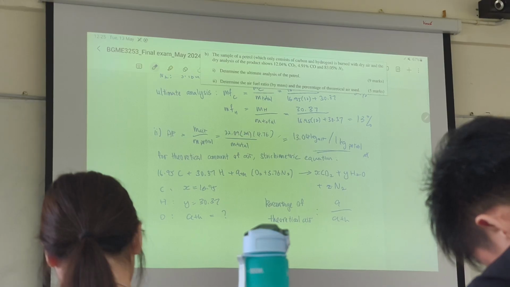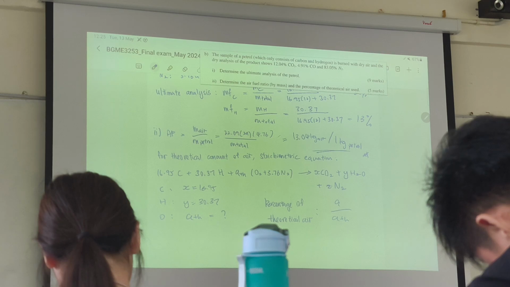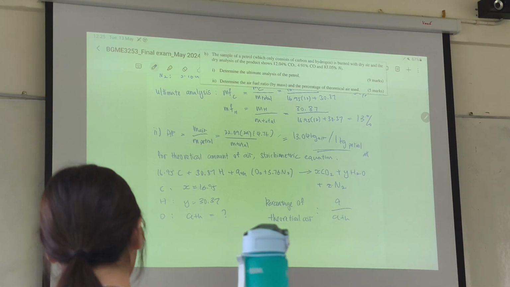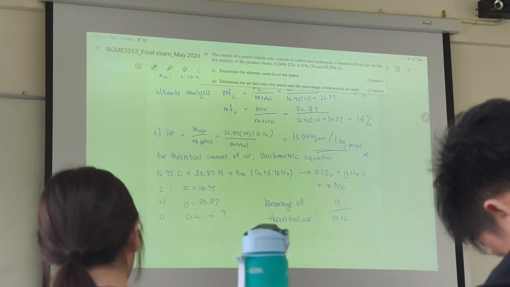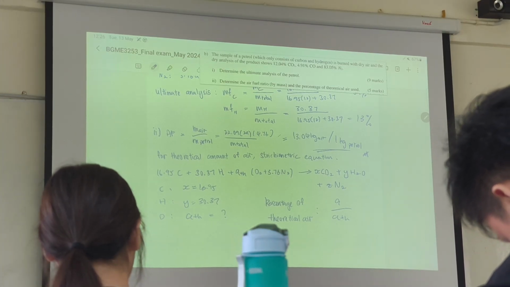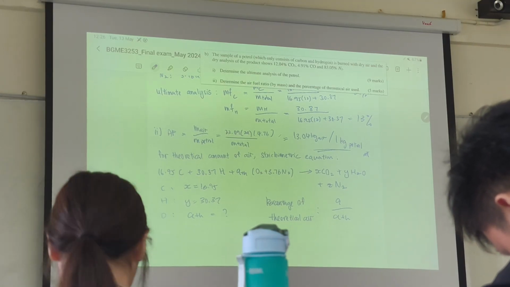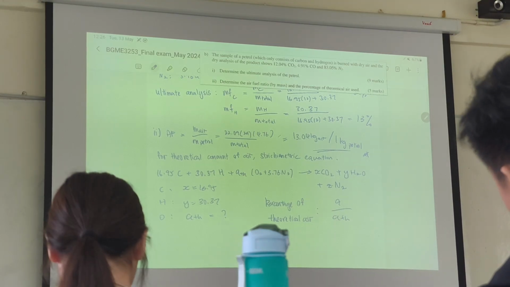So in this case, A_th should be a larger value compared to A, because you have incomplete combustion in section 1, because you have CO in the product. Should be a larger value, A_th. Yeah.